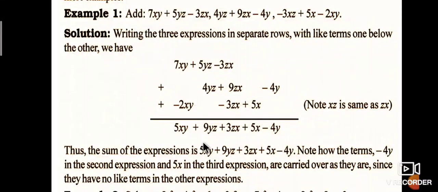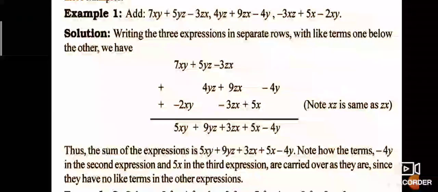7xy minus 2xy are subtracted, remaining is 5xy. Next, 5yz plus 4yz is equal to plus 9yz. Next, minus 3zx minus 3zx, they have the same sign, so they add, therefore minus 6zx.